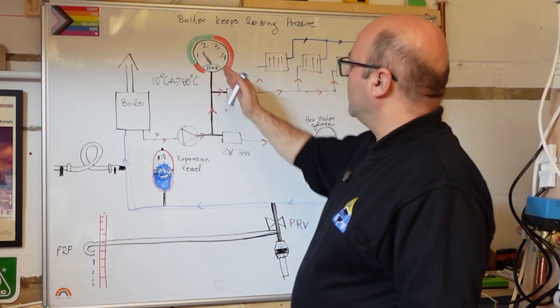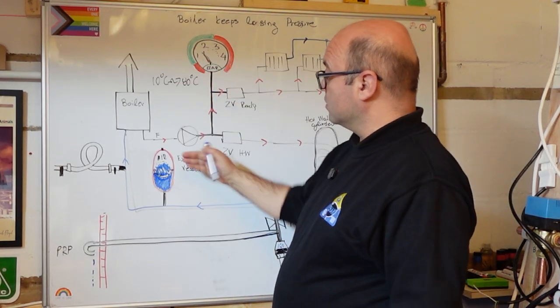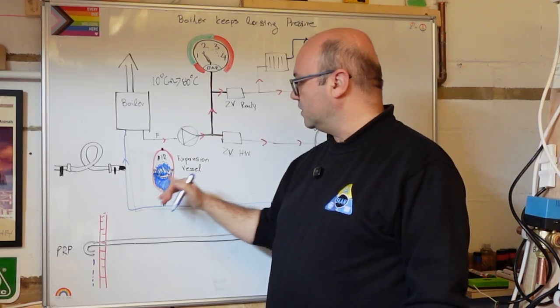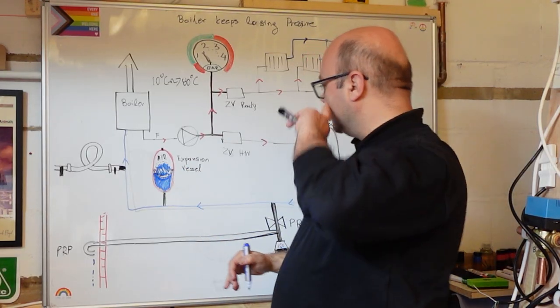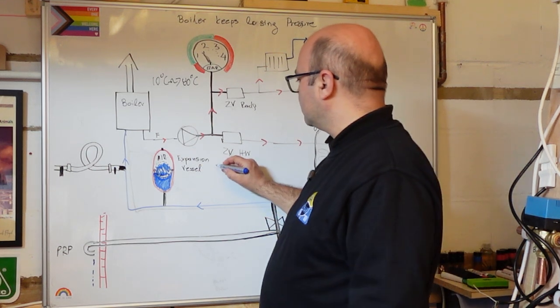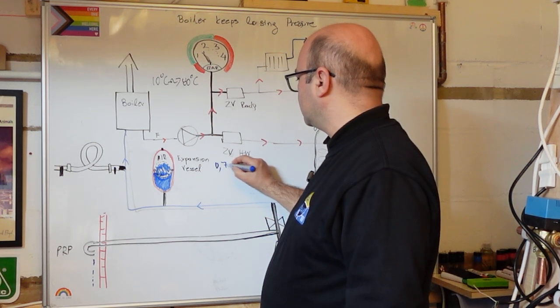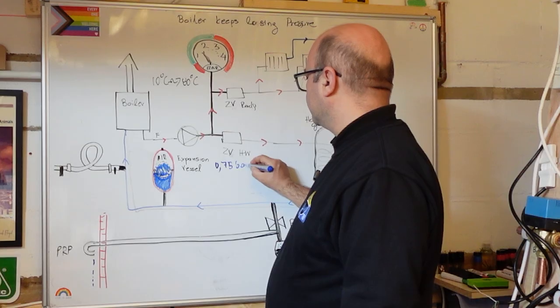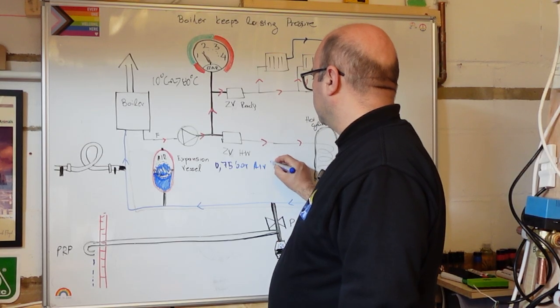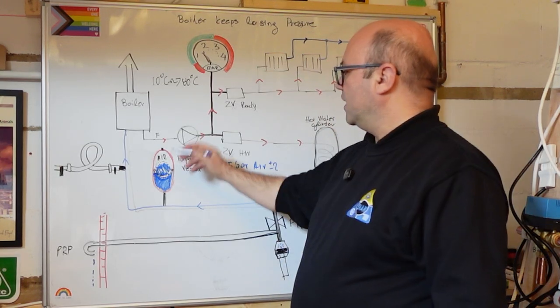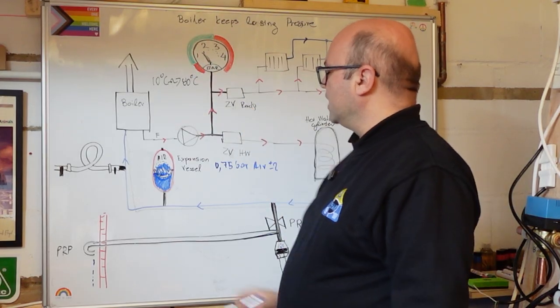And of course the pressure stays stable at 1.5 bar, because the excess volume of the water goes into the expansion vessel, which is pre-charged with 0.7 bar of air, plus minus 2, and that's why we don't see any movement of the gauge.